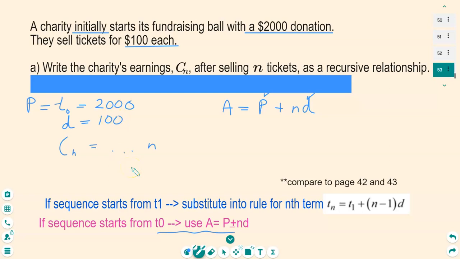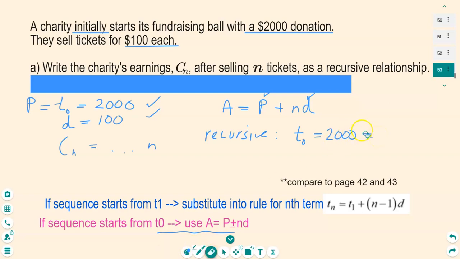And now let's look at this. That's asking for a recursive relationship. So I know that with a recursive relationship, I have to have an initial value and a D value, which we have. And we've just got to work out how on earth we write it. So recursive, always start by writing that initial value.